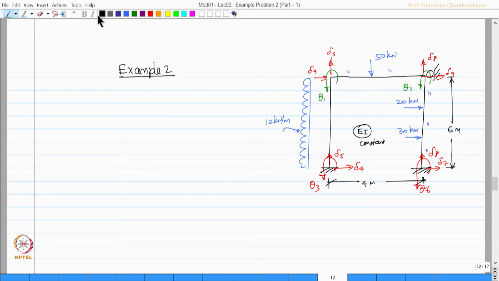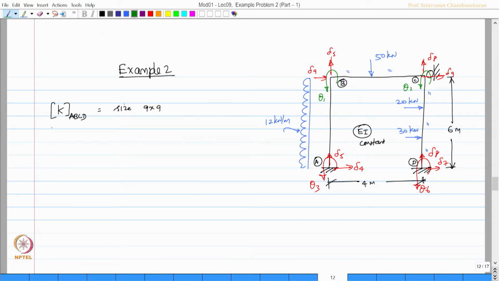So, we have following information from this. The stiffness matrix of the complete frame A, B, C, D, that is, this is A, this is B, this is C, this is D, will be of size 9 by 9.